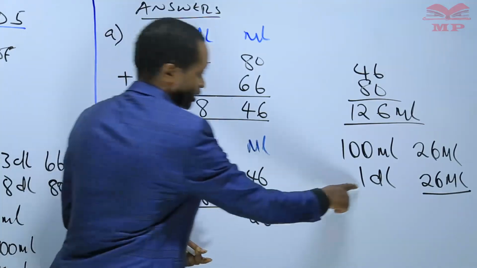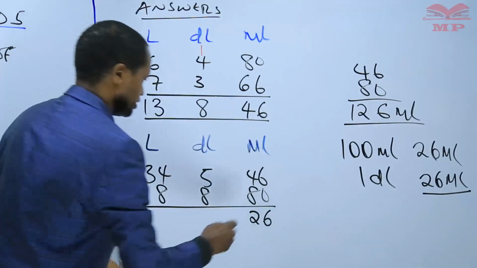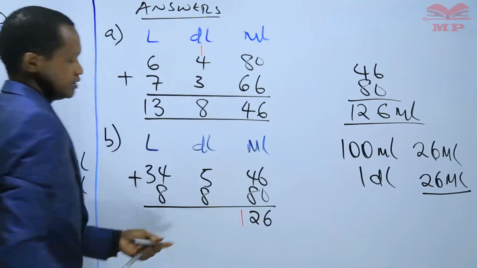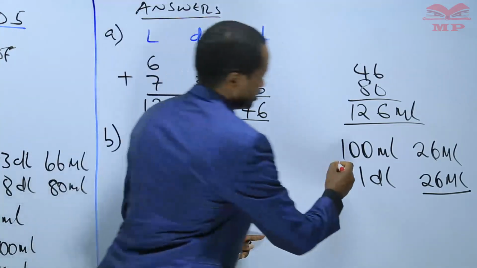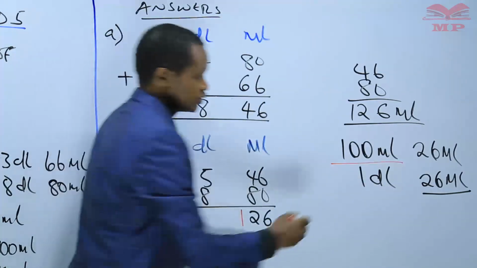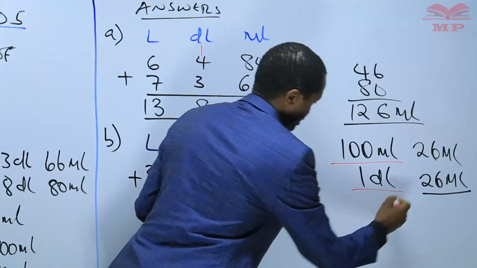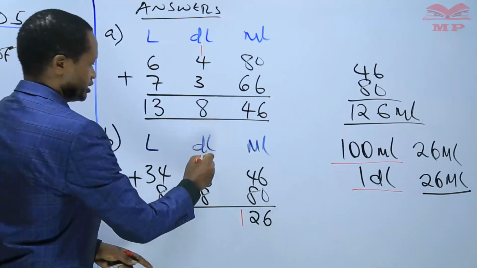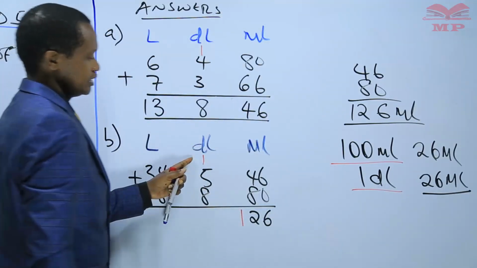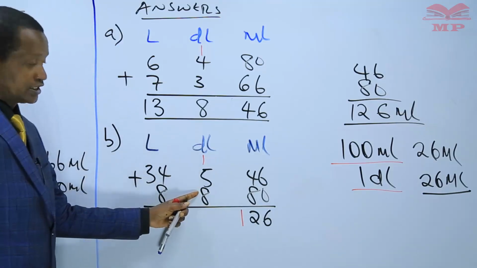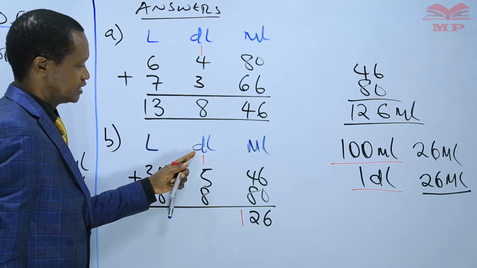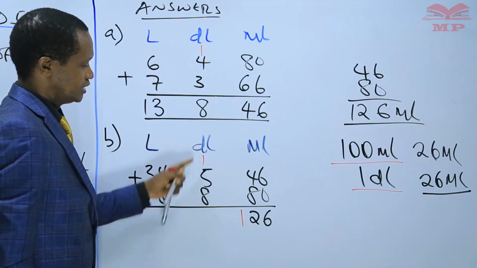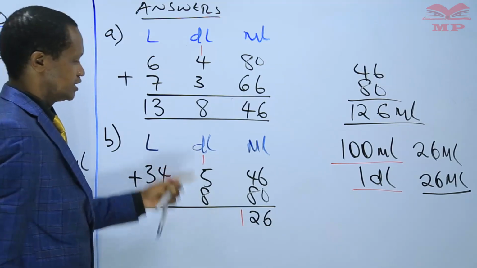Since we have converted the 100 milliliters into deciliters, we will carry this 1 deciliter and add it to the other deciliters. So we have 1 deciliter plus 5 deciliters plus 8 deciliters plus 8 deciliters.